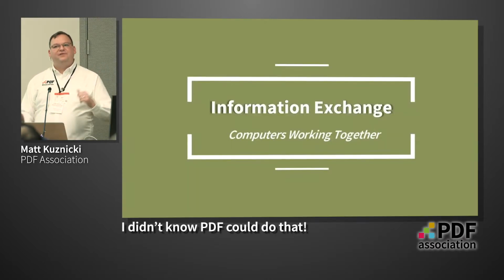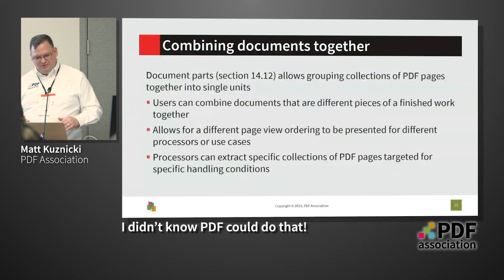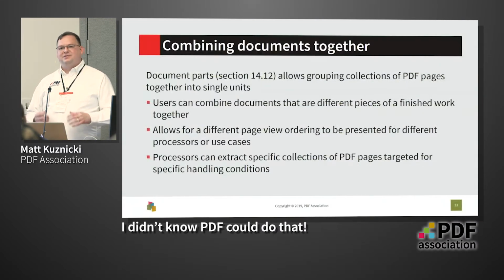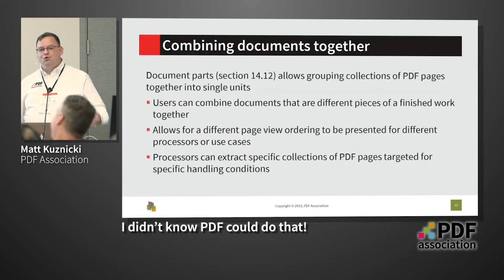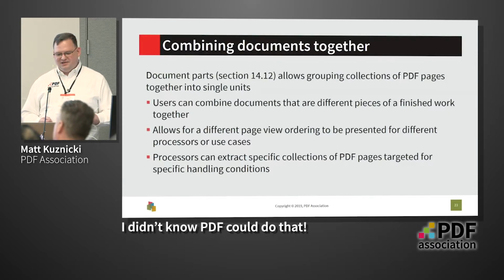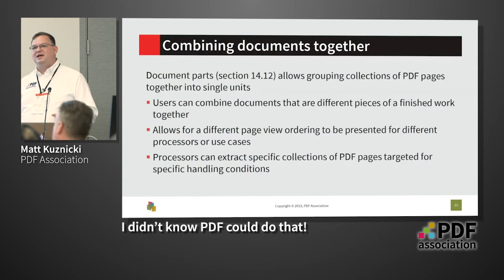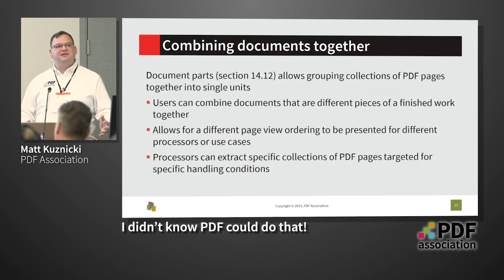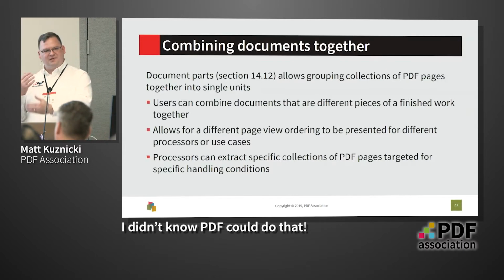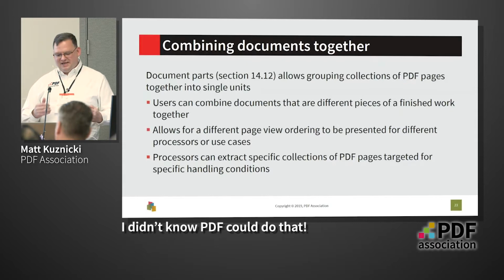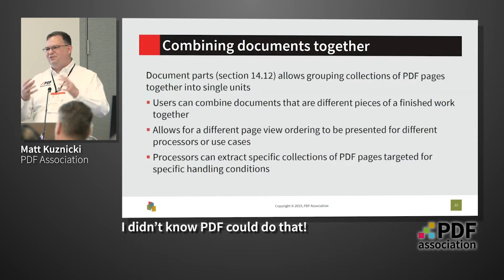So, information exchange. PDF also allows computers to work together. So document parts allow grouping collections of pages together into single units so that I can repurpose these units. This comes from the variable and transactional world where I might need to combine different pieces of a finished work together.